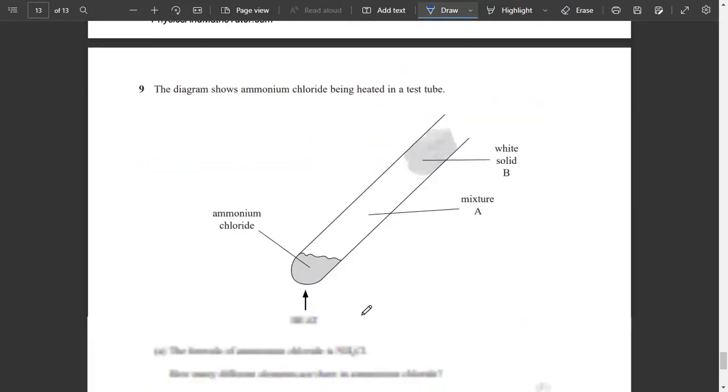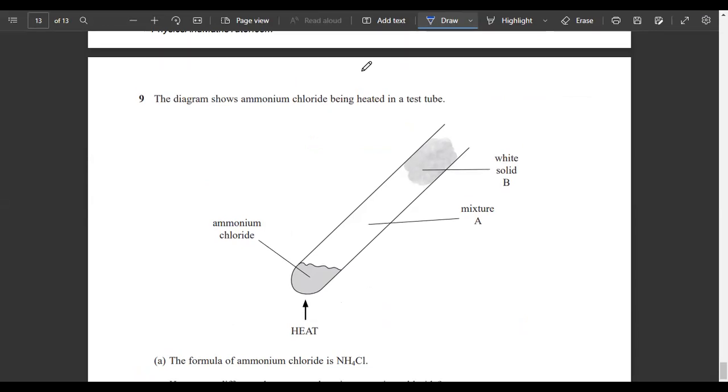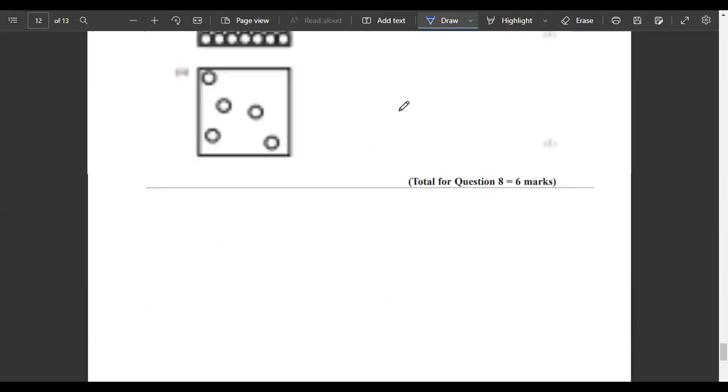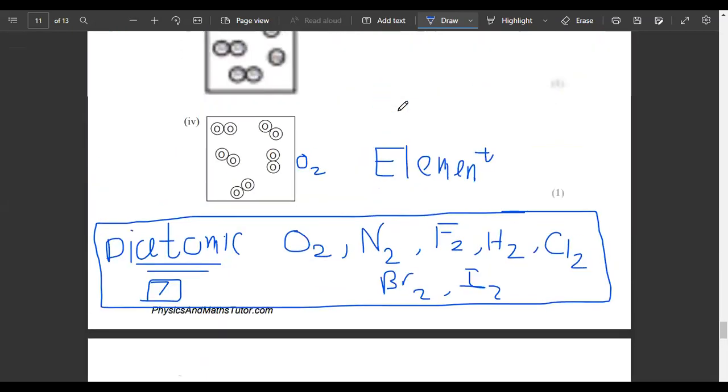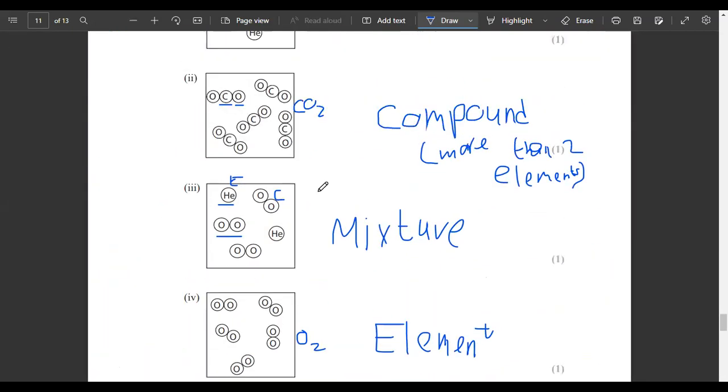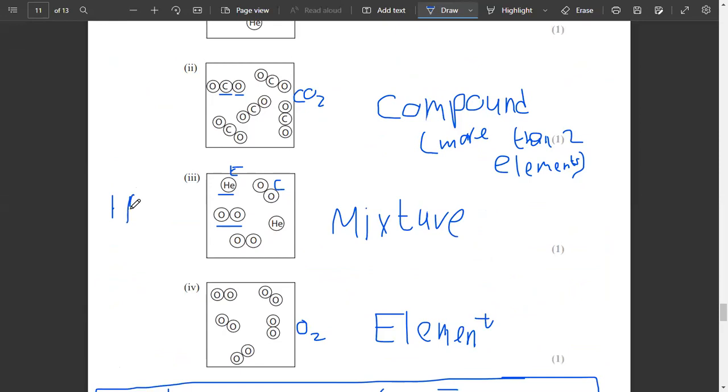Simple. The diagram shows ammonium chloride being heated in a test tube. You wrote compound when it was O2 above. No, no, no, you don't understand. We have helium plus we have oxygen.